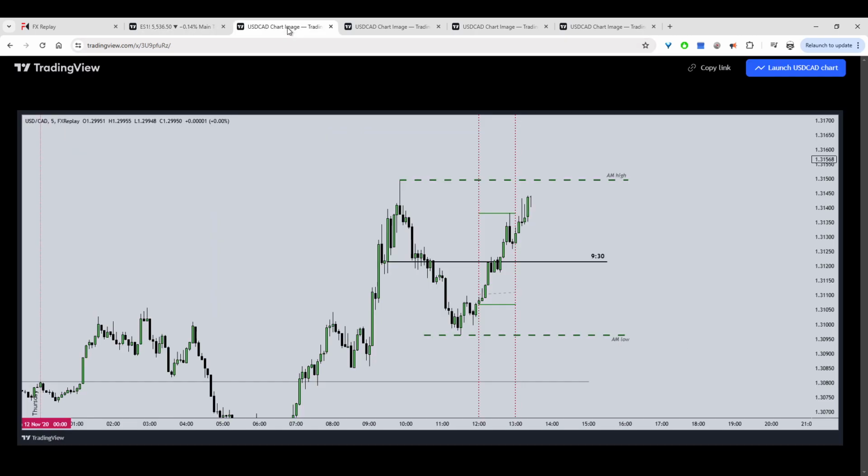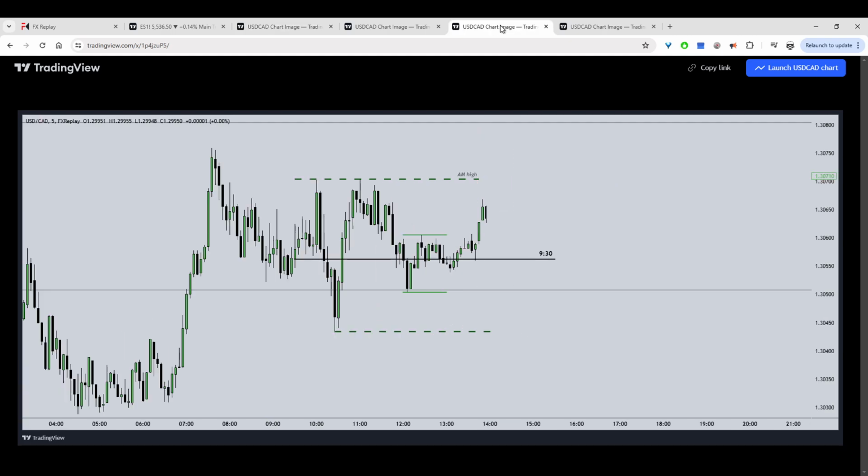So here's a few examples to set the stage of what we could be looking at. So we've got dollar CAD. This is back in November 2020, and we're going to look at two examples with a kind of before and after type of mindset, right?